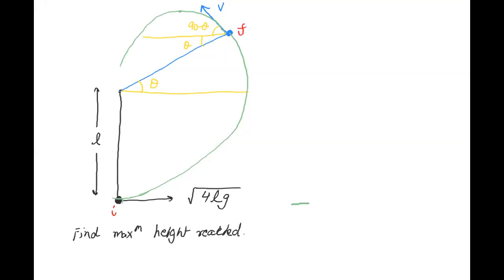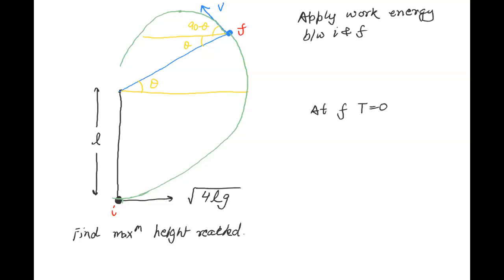Initial point, final point. Apply work energy between I and F. At F, tension is equal to 0.